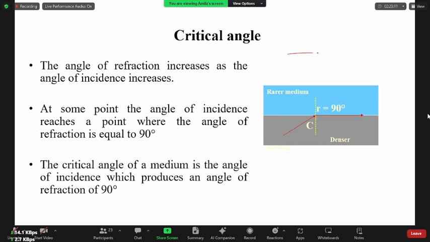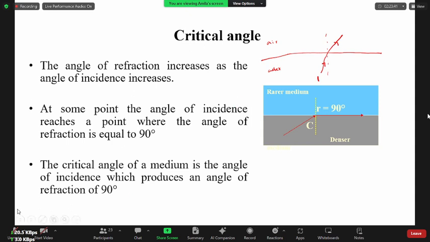So let's say this is the first incident angle, right? This is water. This is air. So the ray will move away. Then I am increasing this angle, right?